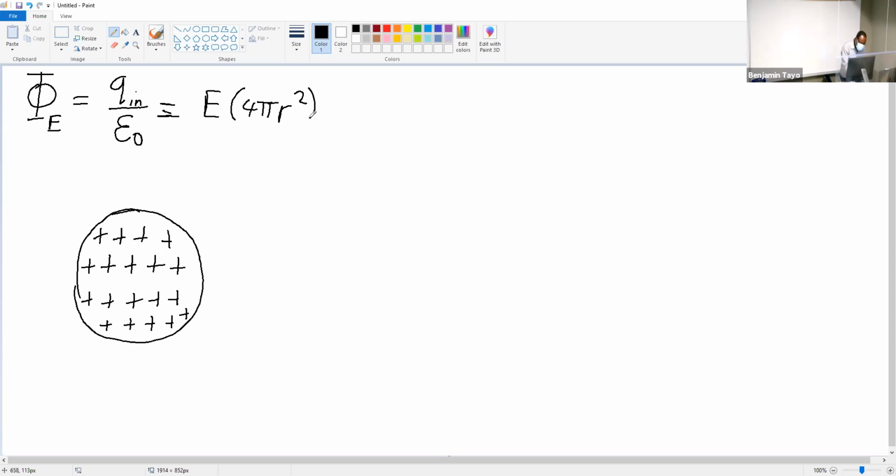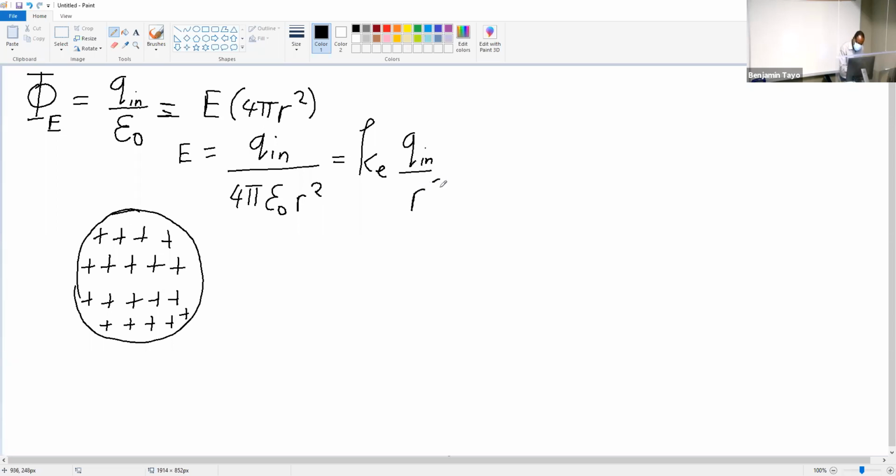So solving this equation, your electric field is always going to be equal to Q in divided by, let's also write this as K_E, Q in over R squared.